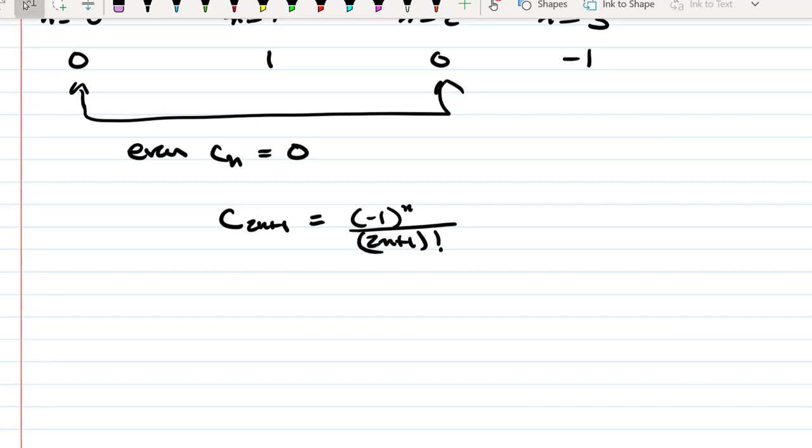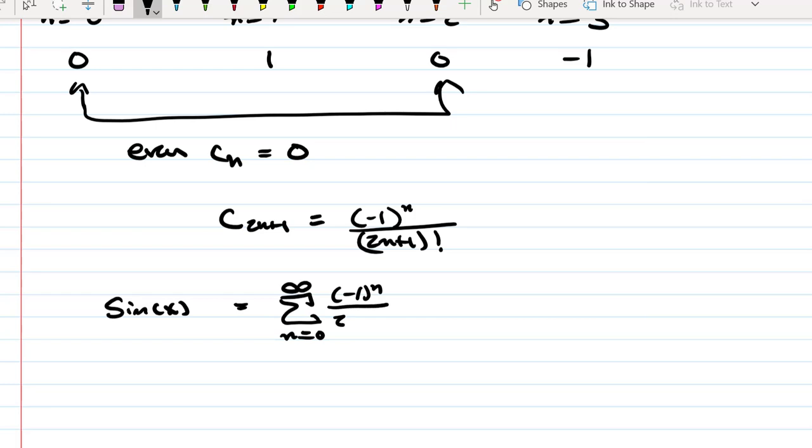So we found our pattern for our c sub n's. So then the Maclaurin series for sine x would be the sum as n goes from 0 to infinity of negative 1 to the n over 2n plus 1 factorial times x to the 2n plus 1.